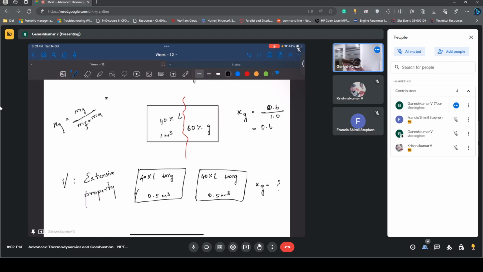You reduced mf by half and mg by half, so the halves cancel and you end up with the same xg. That's why it's called mass fraction: relative to the other mass, how much higher or lower you are. So you again get xg as 0.6, which makes this an intensive property.